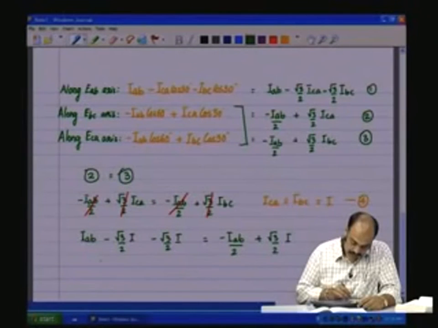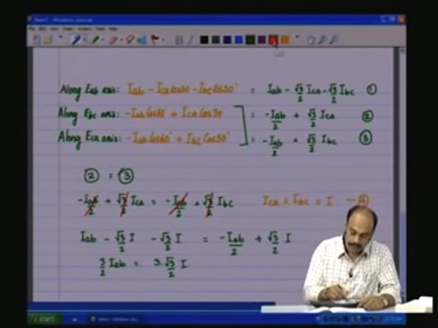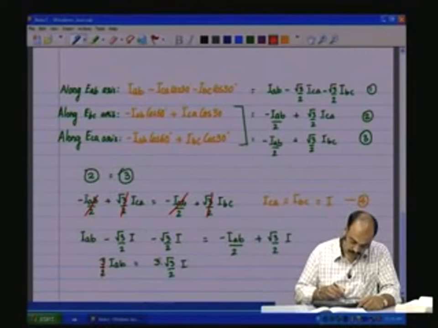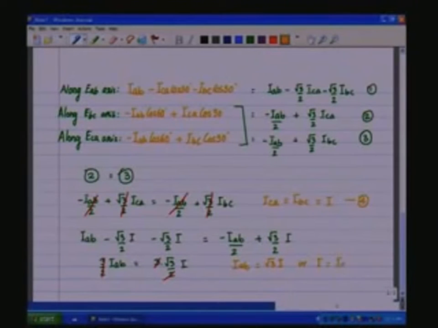So, now 3 by 2 I_AB, taking I_AB onto the left hand side and these onto the right hand side, you have 3 times root 3 by 2 into I. So, this leads to the following nice relation, I_AB is equal to root 3 I, or I should be equal to I_AB by root 3.